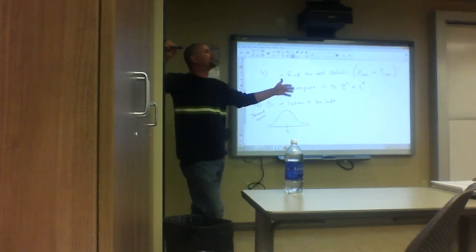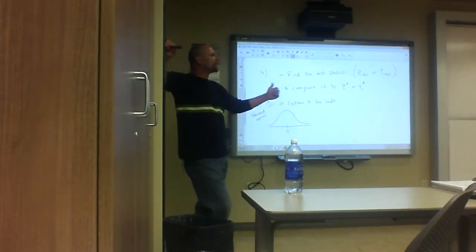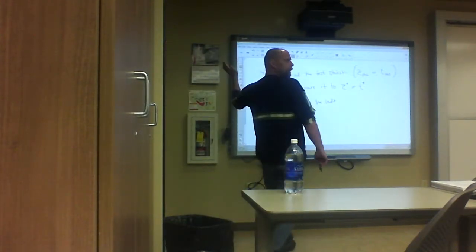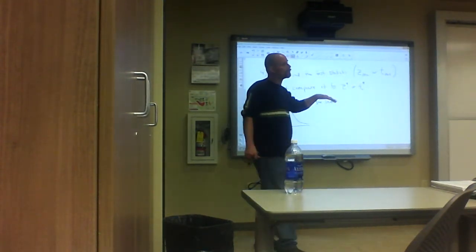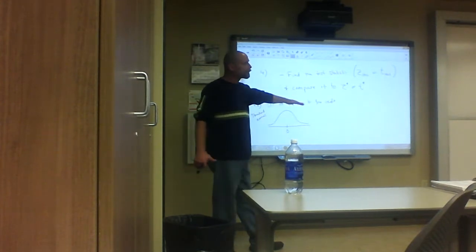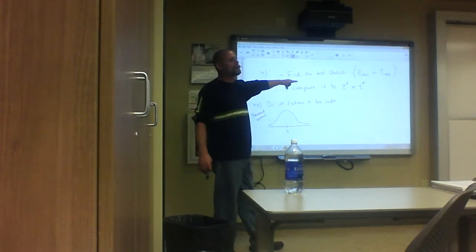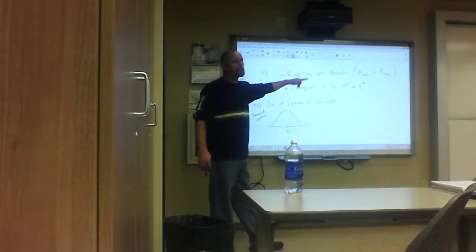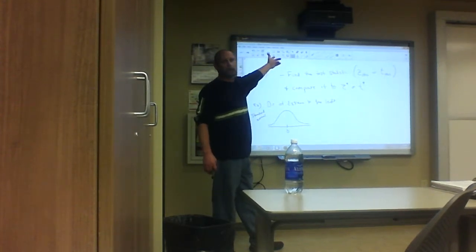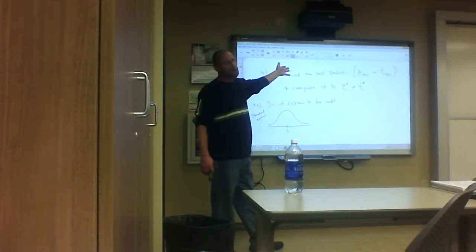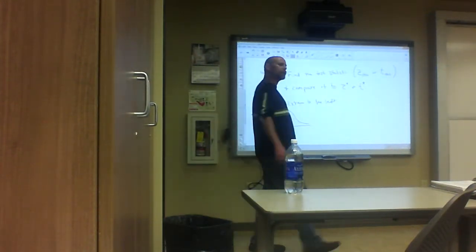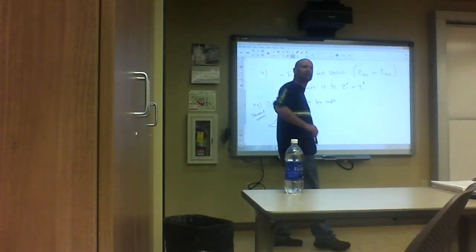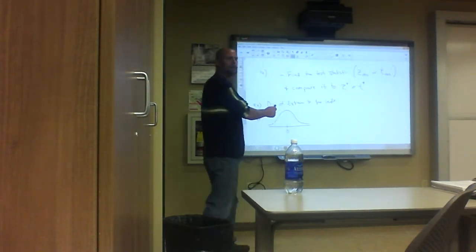If it's negative, it means we're lower than the mean. If it's positive, it means we're higher than the mean. That is all the test statistic is telling us: how many standard deviations we are away from the mean, based on the null hypothesis. That will always be the test statistic no matter what distribution we are in.